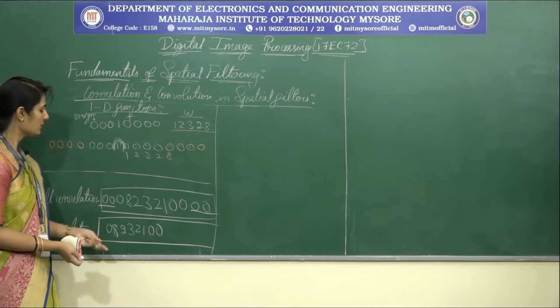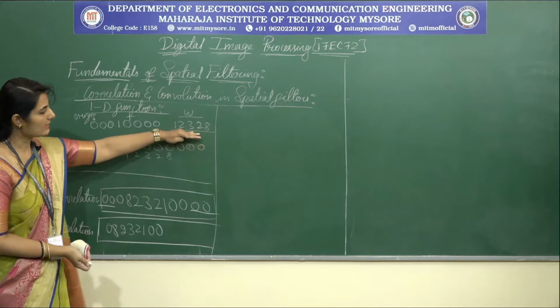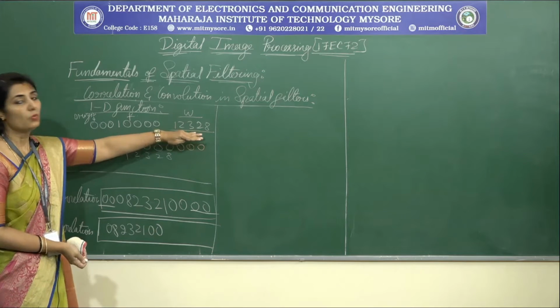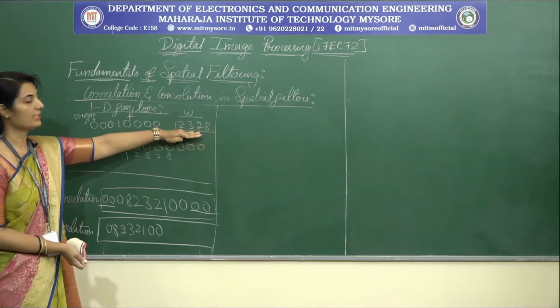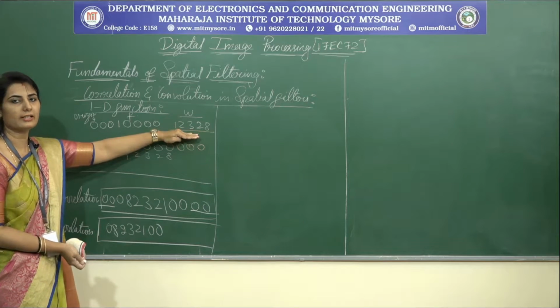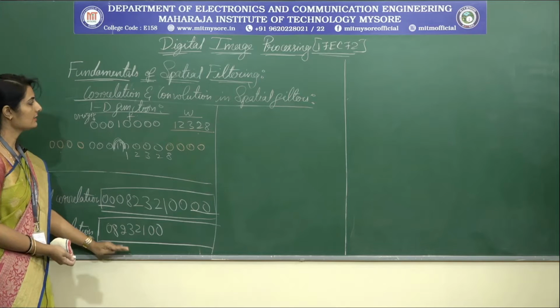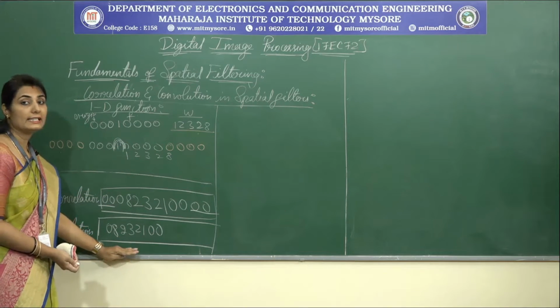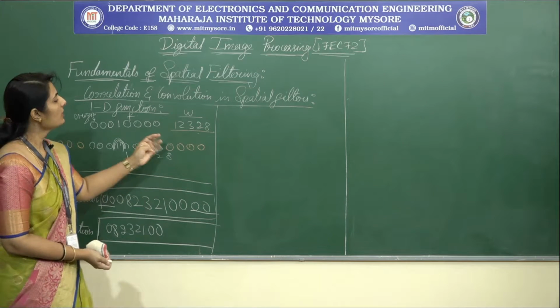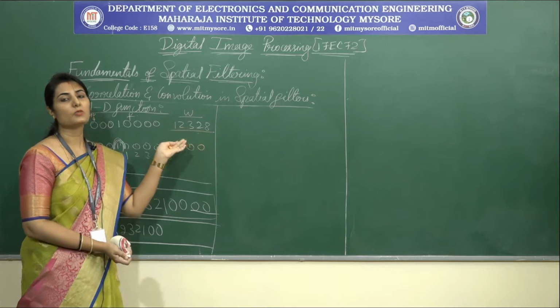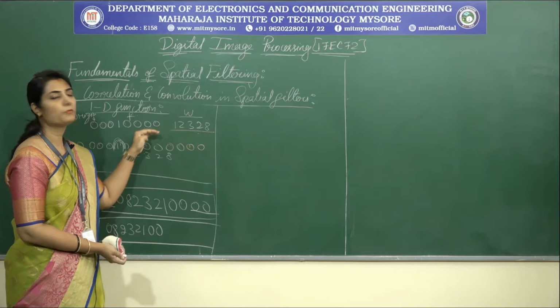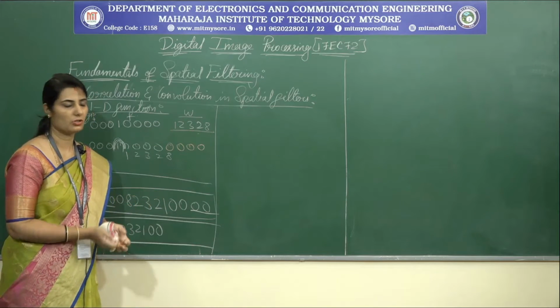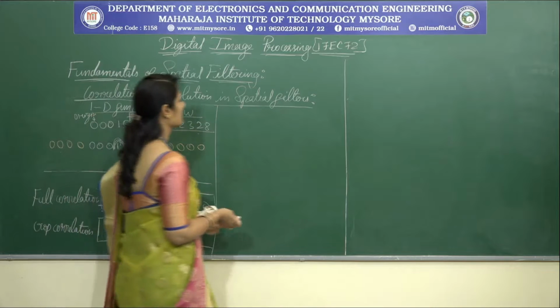The correlated result is just the mask rotated by 180 degrees, right? Therefore, in convolution, in order to get the desired output, we rotate the mask by 180 degrees before performing the convolution operation. Let us see how it is done.